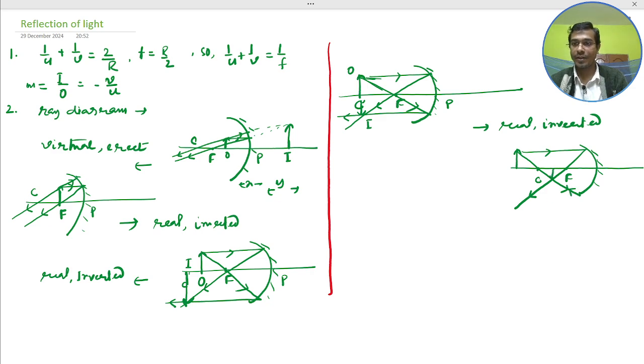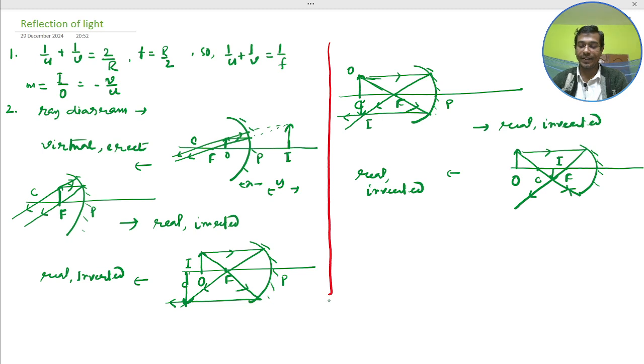So the image would be this one, this is I and this is O. Here the nature would always be real and inverted, and the position of the image would be between focus and center of curvature.